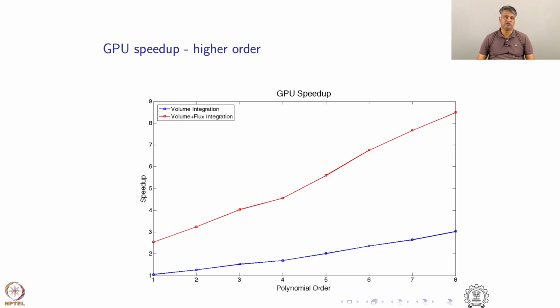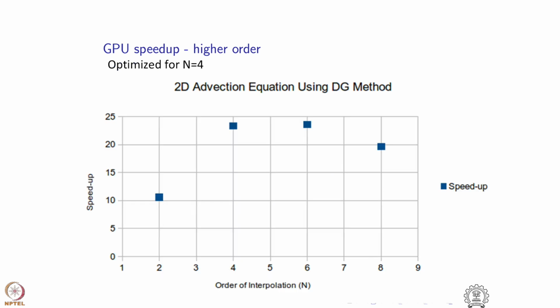If you look at the GPU speed up of these higher order methods, you can see that you can get up to 8 to 10 times speed up compared to lower order methods. This is without it being optimized on GPUs.